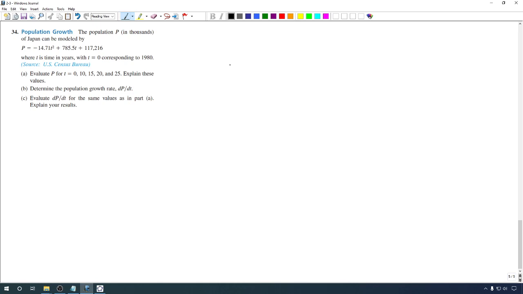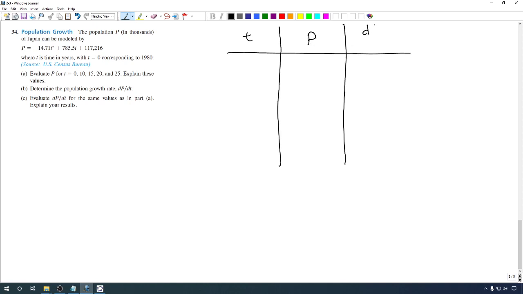So I'm actually going to put those into a table here. So say time t, we'll have the population p, and we'll eventually have the derivative at those t's. And we're going to look at t equals 0, 10, 15, 20, and 25.